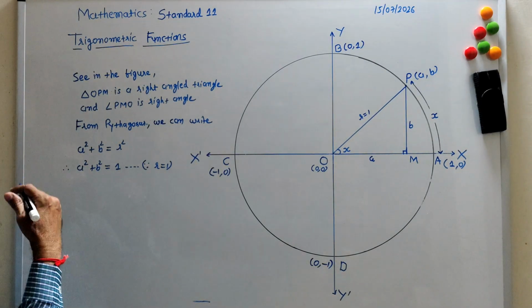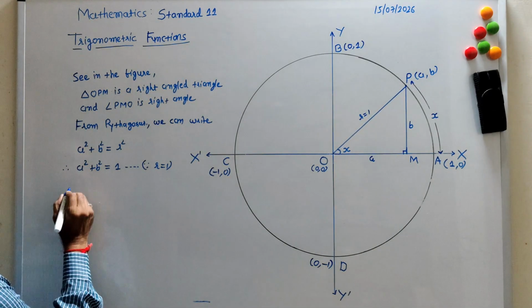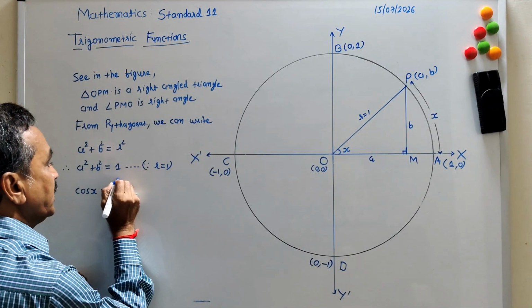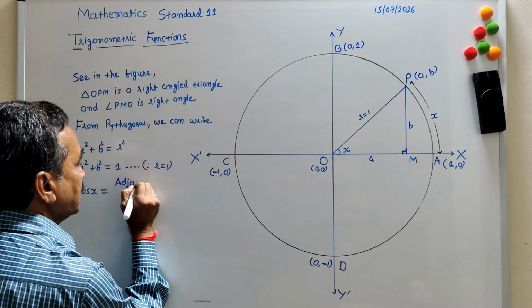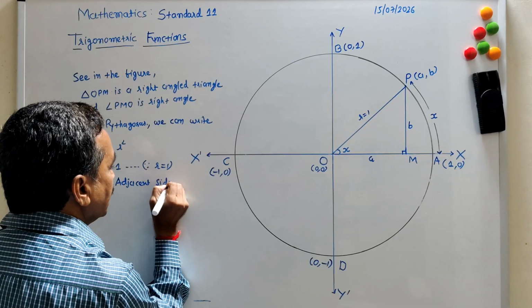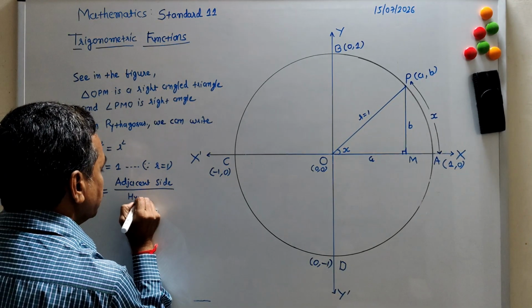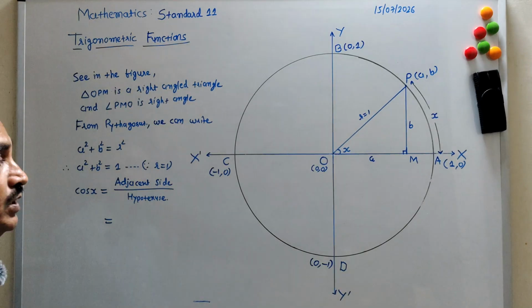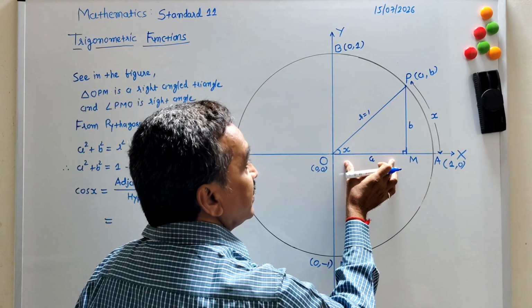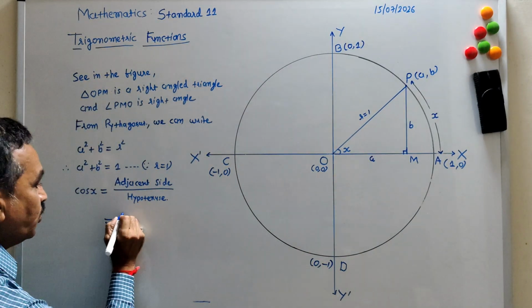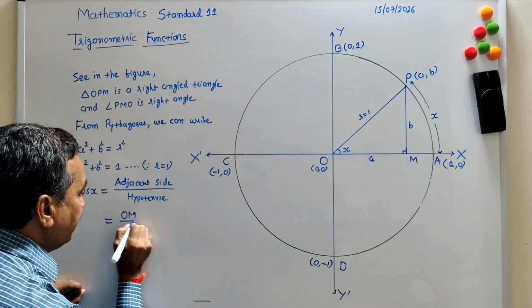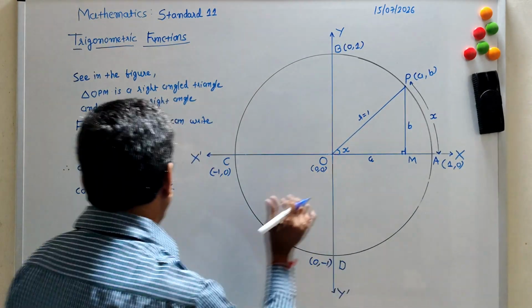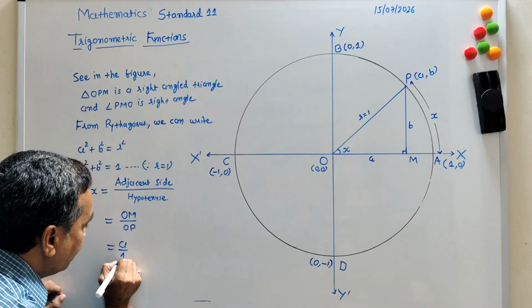Now our previous study says that cos x is equal to A divided by hypotenuse, so OM divided by OP. What is OM? OM is A, divided by 1.